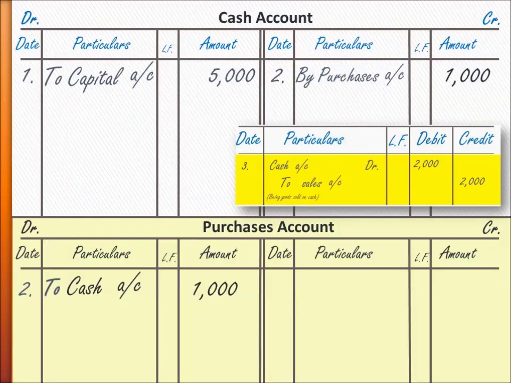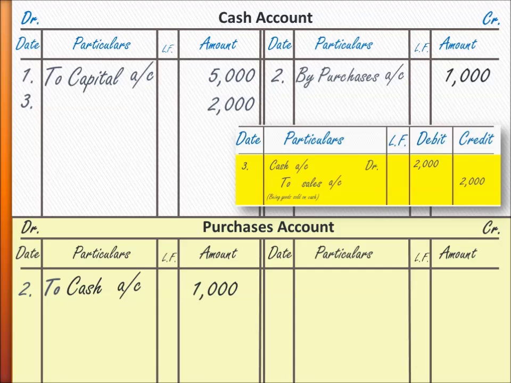Means debit cash account by rupees 2,000 and credit sales account by rupees 2,000. Debit cash account by rupees 2,000. So in cash account on debit side in the amount column write down rupees 2,000 and the date will be 3. It's not basically a date, it's basically a serial number.